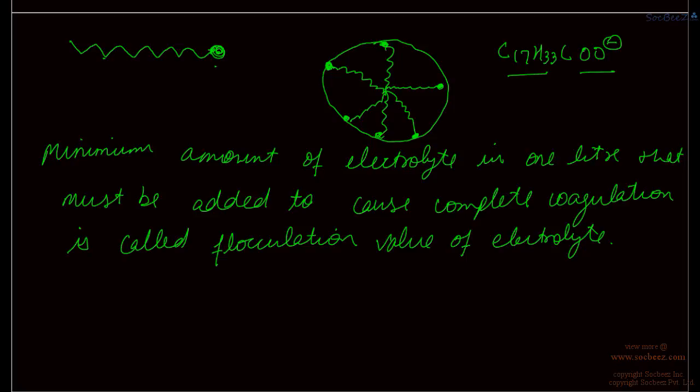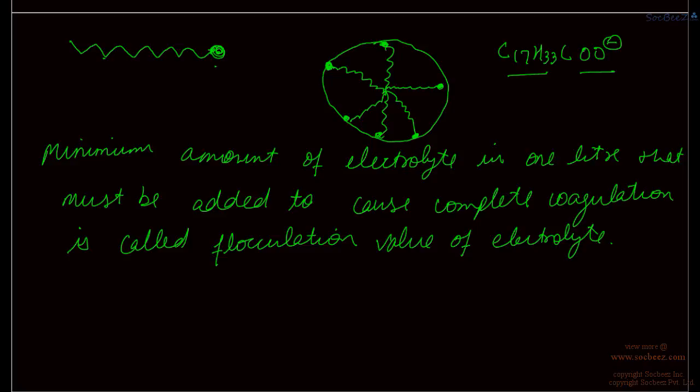Okay, and the coagulation value varies from electrolyte to electrolyte. So Hardy and Schulze studied the coagulation behavior of various electrolytes and presented their observations in the form of Hardy-Schulze rules, which state that the ions carrying charge opposite to that of sol particles are effective in causing coagulation of the sol. Coagulation power of electrolyte is directly proportional to valency of ions causing coagulation.